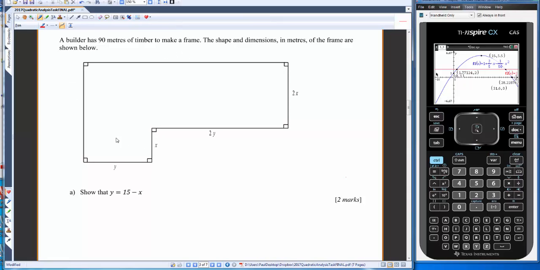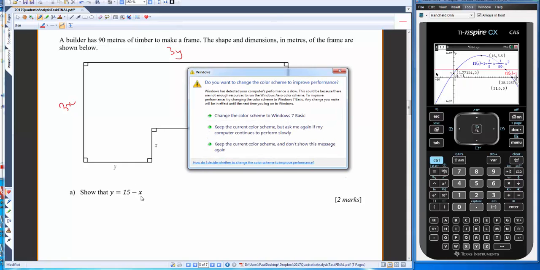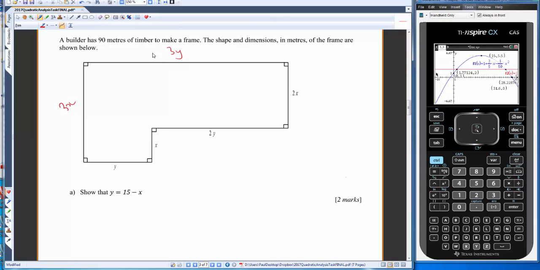Now this side length here is x plus 2x. This side length here is 3x. Y plus 2y gives us this side length here, so that's 3y. Alright, so the first thing they want us to do is to show that y equals 15 take away x. So we know that the builder has 90 meters of timber to make the frame.